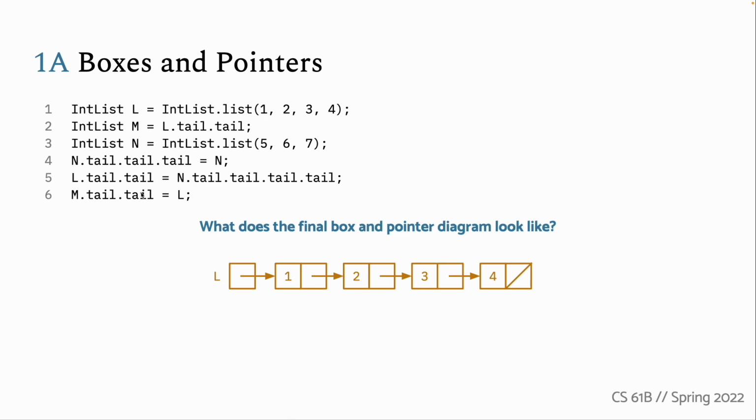So what I mean by that is that when we say L, what we're referring to is the value inside this box. So if we said IntList M equals L, what we would be doing is copying the value in this box over into a new variable, which would result in having another pointer to this first IntList. That's not what we're doing, but that's how that would be if that was the case.